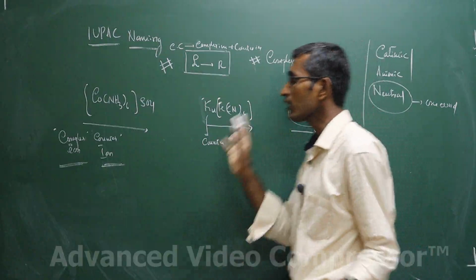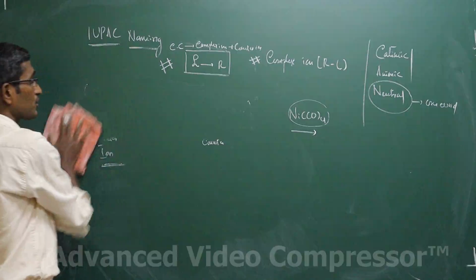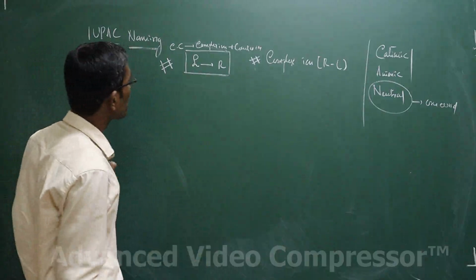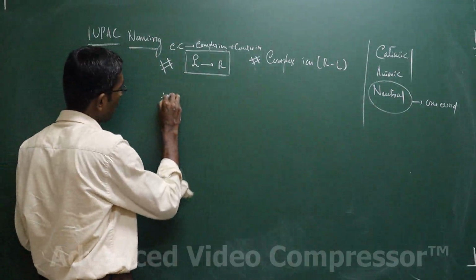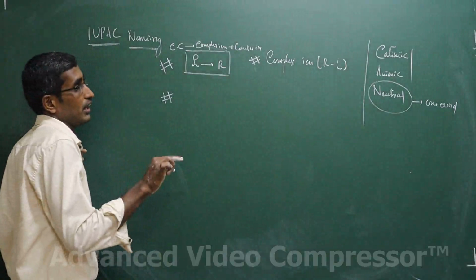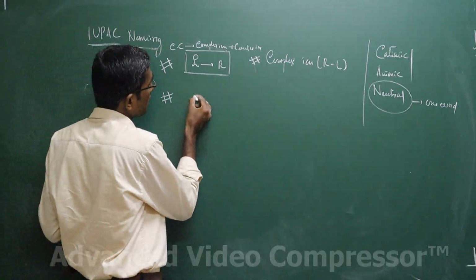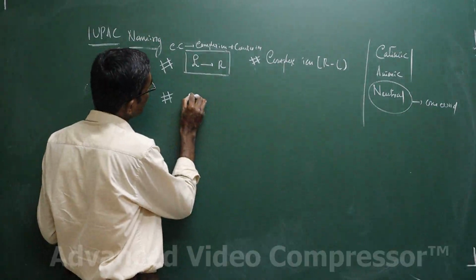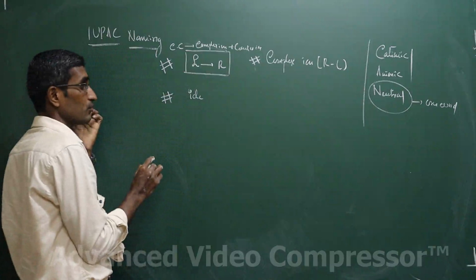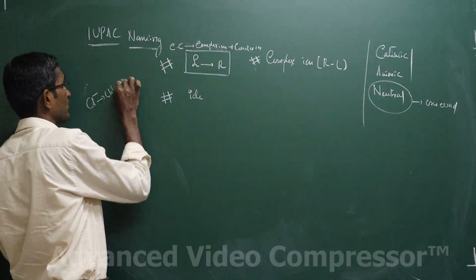So that means naming, how to approach the naming, you have done it. The next part to be taken care of, the third point for you, is the naming of the ligand. Whenever you see a ligand ending in IDE, for example Cl minus, how do you name it? We name it as chloride, students, right?